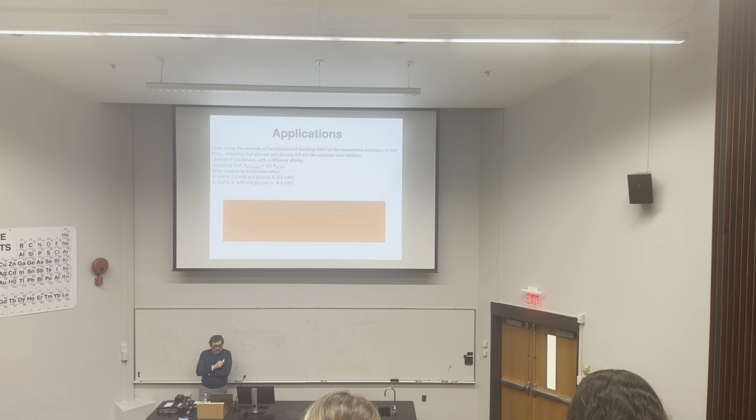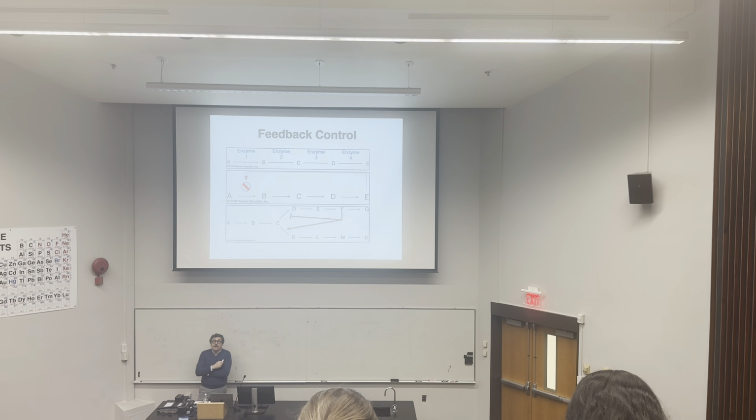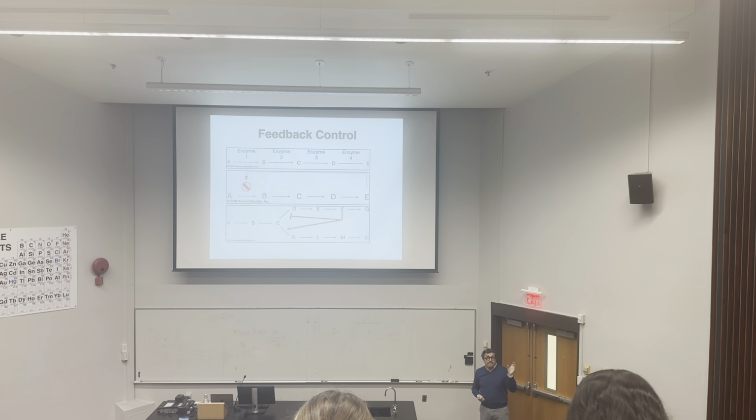Okay. And here I had an application, you can go through that by yourselves. So, feedback control is very similar to substrate control, but instead of being just the product of that reaction, it might be the end product of a pathway that, if it accumulates, can go back and reduce the affinity of the first enzyme for its own substrate.